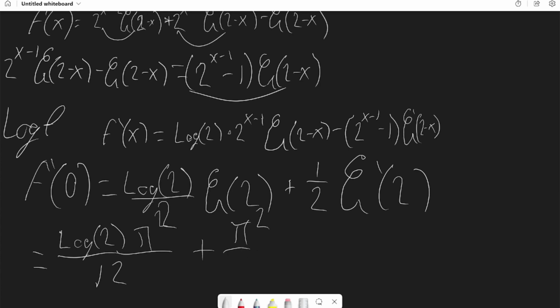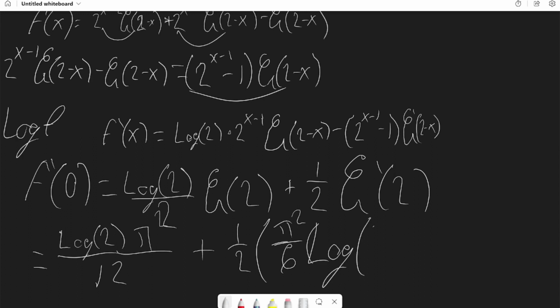Okay, so Riemann zeta prime of 2. Now this was found by Glaisher, not Euler. Equals pi squared over 6 times log of 2 pi e to the gamma divided by a to the 12, where a denotes the Glaisher-Kinkelin constant.